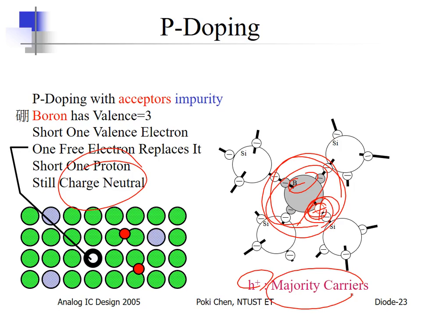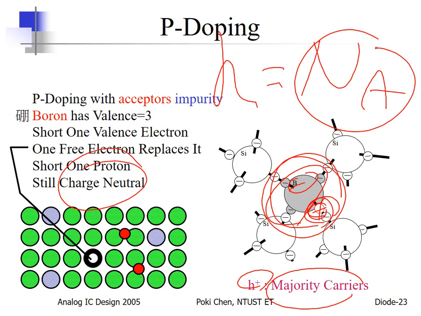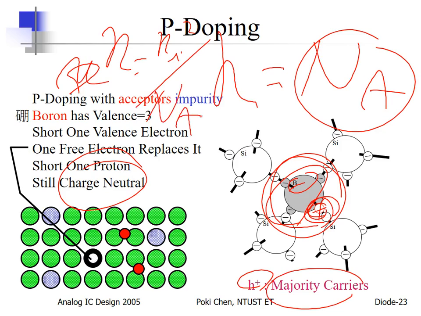So the hole density will become almost exactly the same as the doping concentration of your acceptors. And how about the electron concentration? It is ni squared divided by Na. That's it.